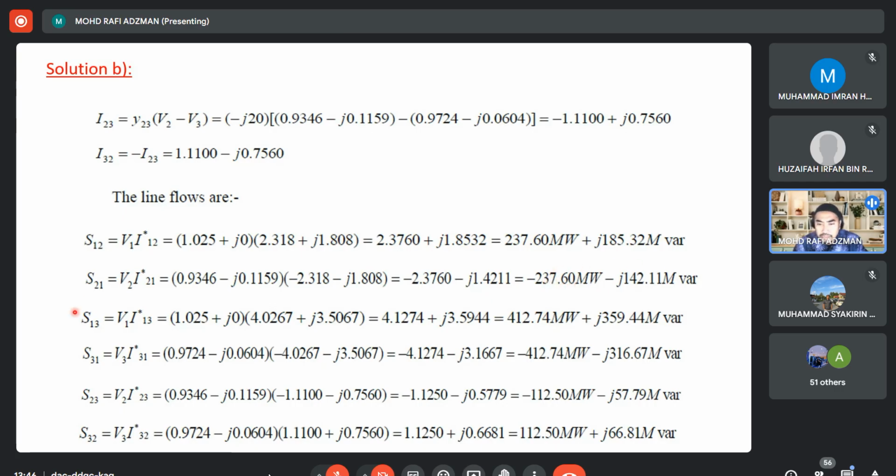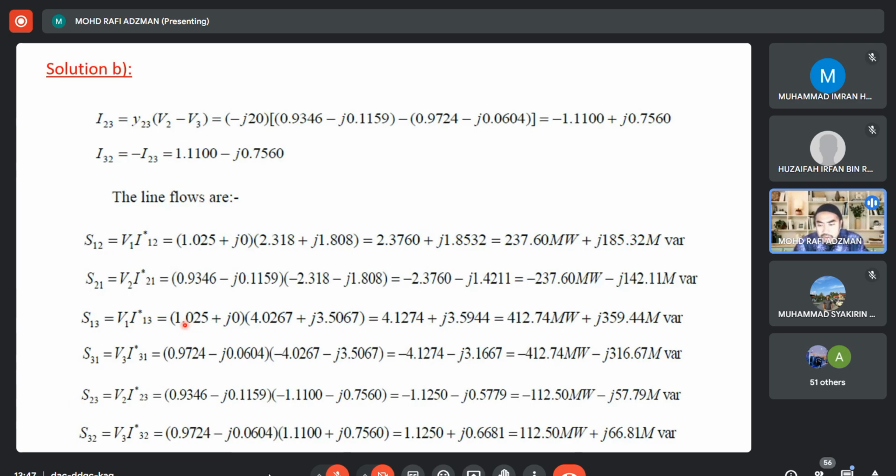Repeat the same procedure, same steps, for the next ones, which are S13, S31, and for bus 23 and bus 32. You find all the six line flows. Because you have 3 buses, you have 6 line flows, because all the buses are connected together.